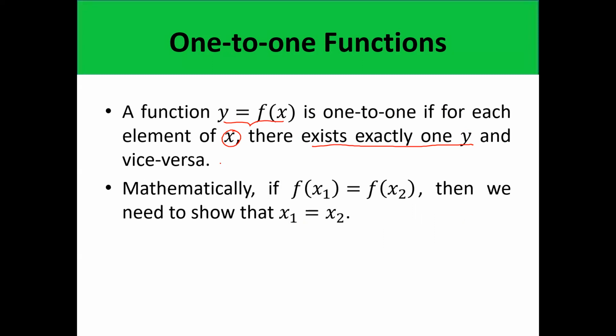Algebraically, one-to-one functions have the following property: if f of x1 is equal to f of x2, then we need to show that x1 and x2 are just the same value. In order to prove whether a given function is one-to-one, we can use this definition.